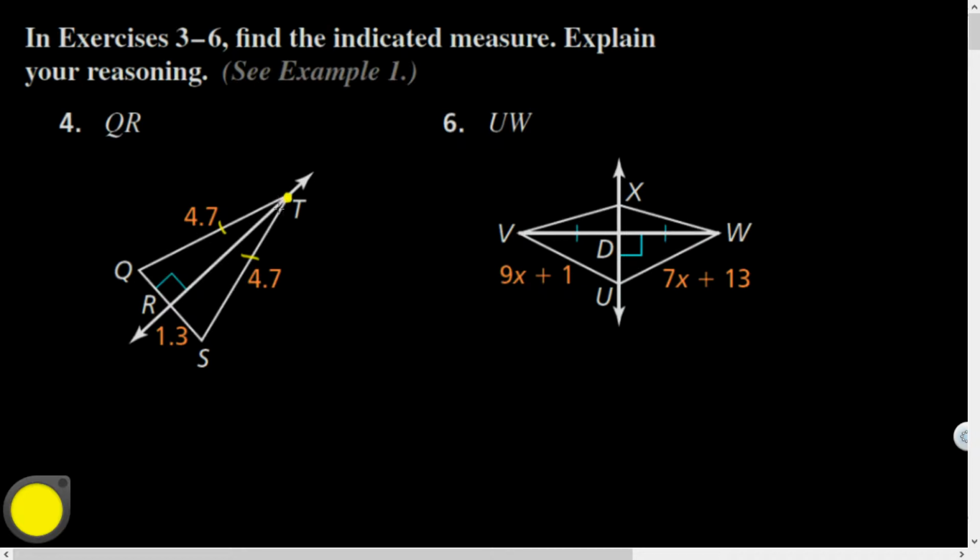And therefore these two segments are congruent because R is the midpoint. It's bisected by RT, and therefore by definition of congruence, QR is equal to 1.